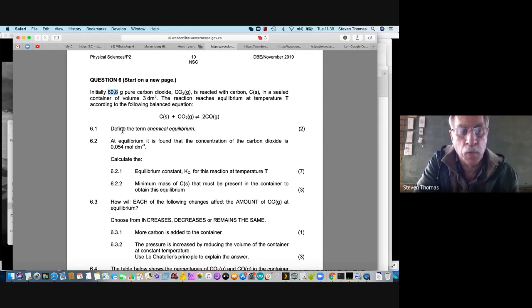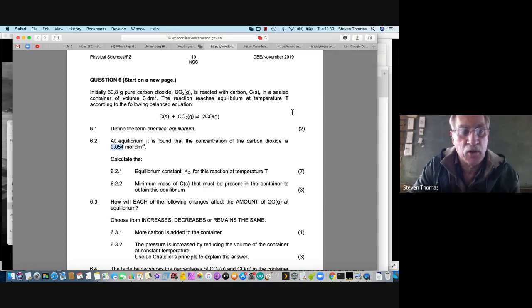Okay. At equilibrium, it was found that the concentration of carbon dioxide is 0,054, and it was shared by 3 decimeters cubed. So let's go and do exactly as we did for waffles.